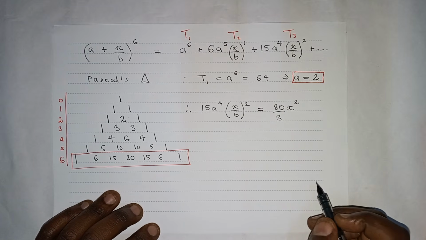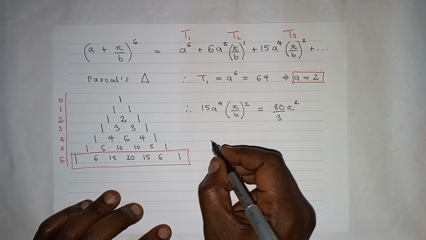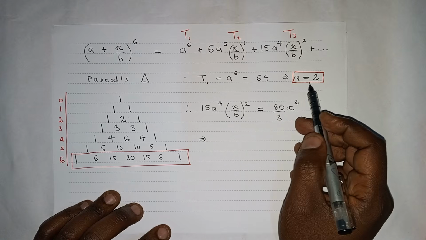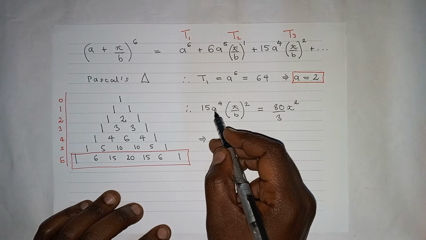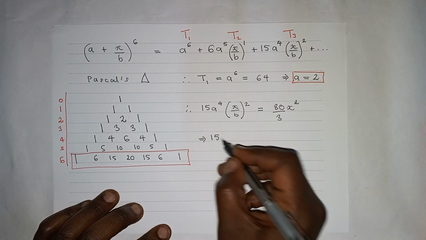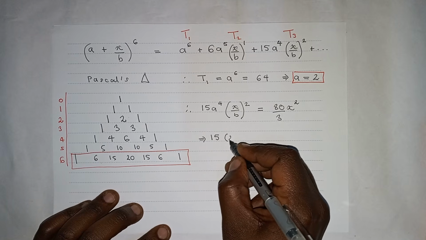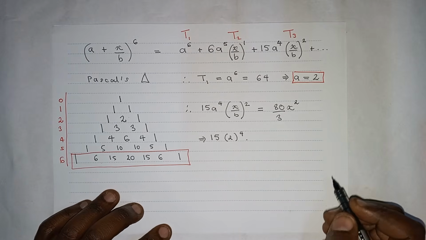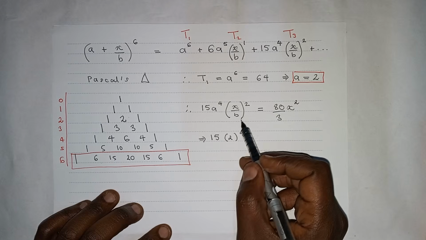Okay. We also know that a is 2. We've found a here. So we're going to replace a with 2 here, which will give us 15 times 2 raised to the power 4. At this point, I would like to remove the brackets.